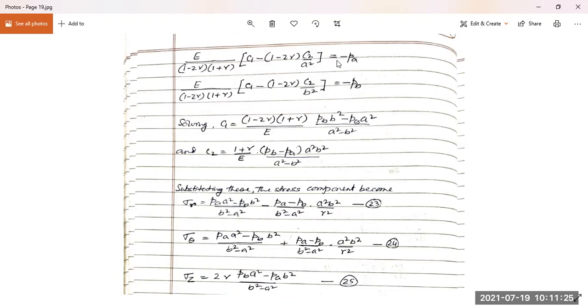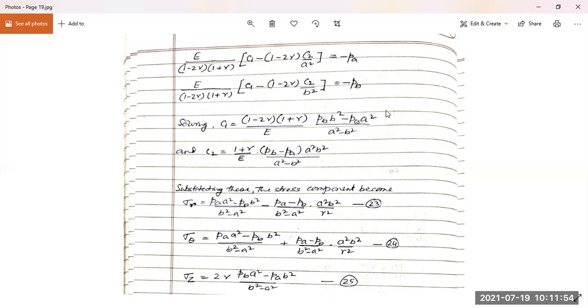And we are changing sigma r by the pressures PA and PB, where PA is the pressure at the innermost part of the cylinder, at the inner radius, and PB is the pressure at the outer radius. This is compressive in nature, and this is also compressive in nature. So the equation reduces to this particular form.